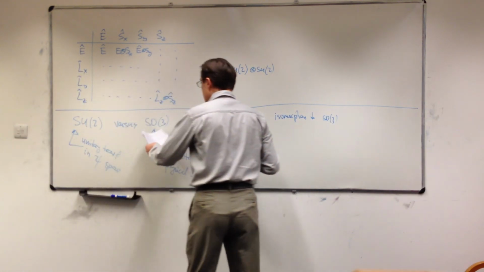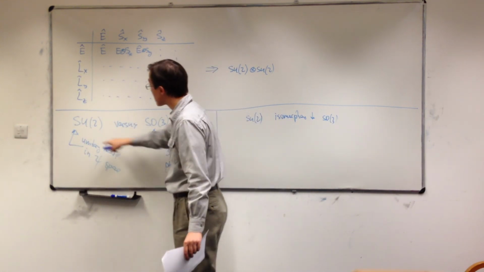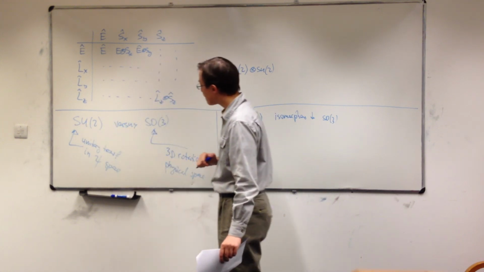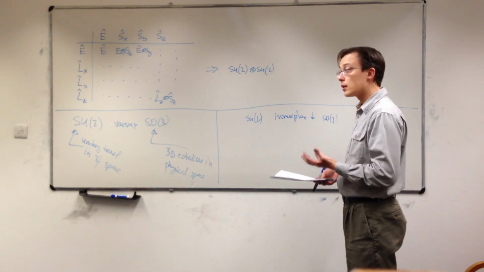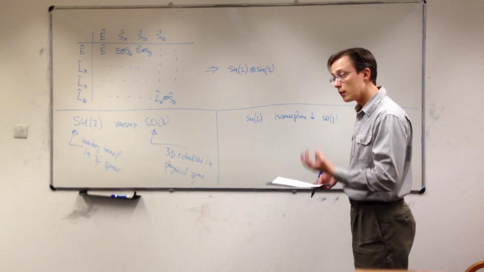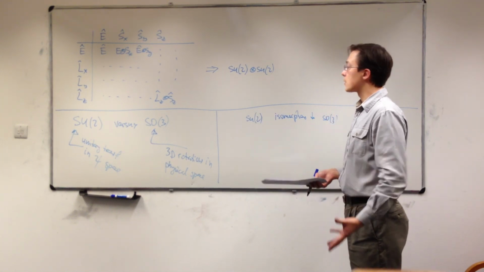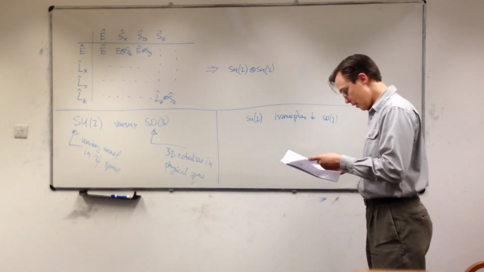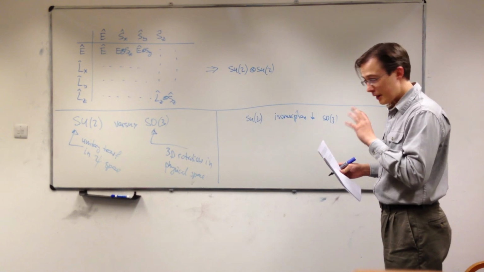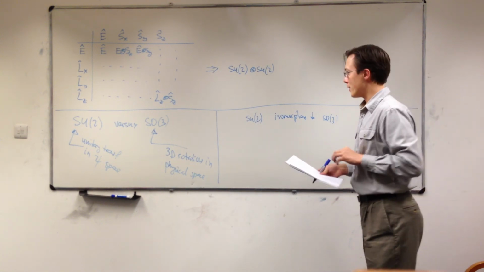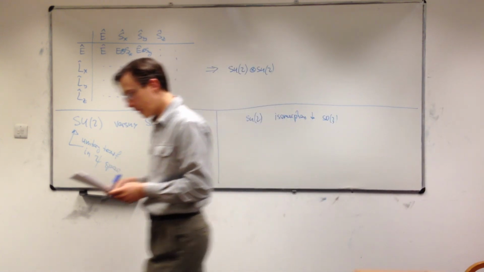So SO3 is isomorphous to a factor group, SU2 divided by Z2. But as I said, physically speaking, very different things, doing very different things on very different physical parameters of the system. So when I hear that spin is an intrinsic angular momentum, I cringe a little bit because it really isn't.